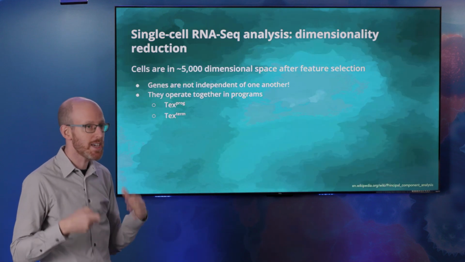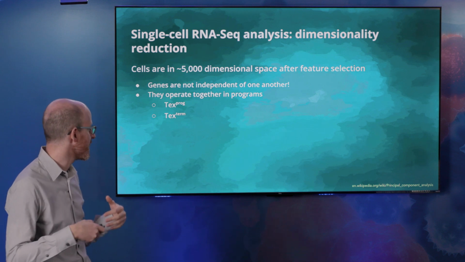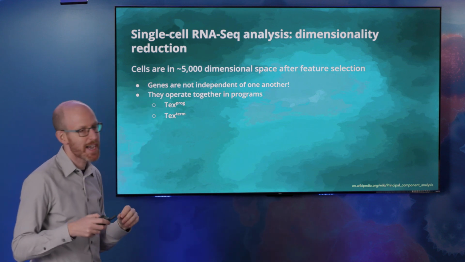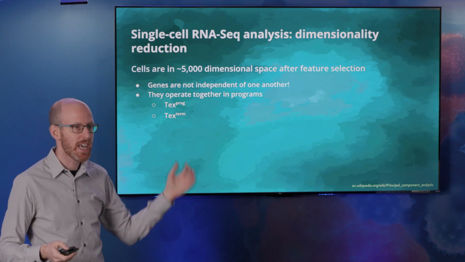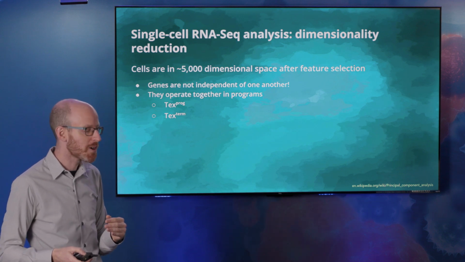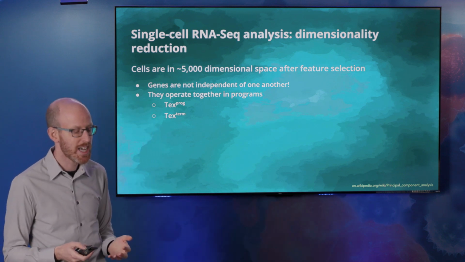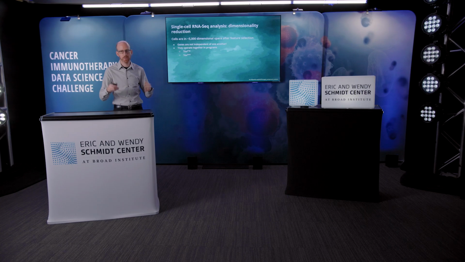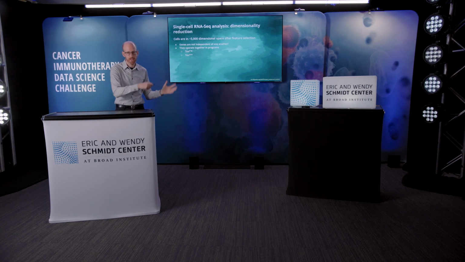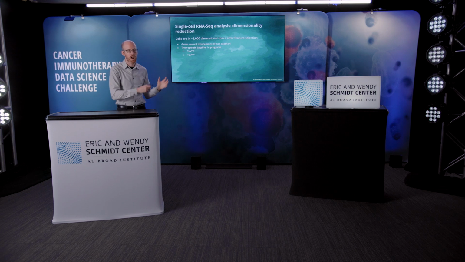And now we can go even further with that. So now let's pretend, or we can imagine that our cells are in 5,000 dimensional space after this feature selection, and we want to go even lower. And we're actually powered to do this because let's return to the idea of our gene expression programs. So remember, in the gene expression programs, you have groups of genes that are turned on or off together.